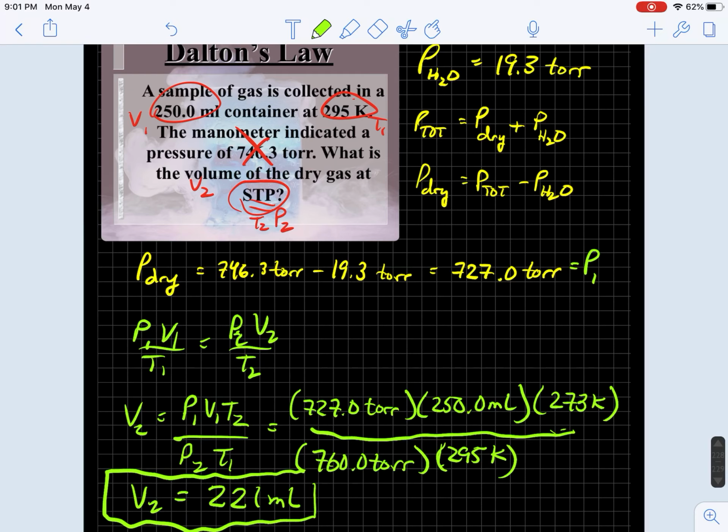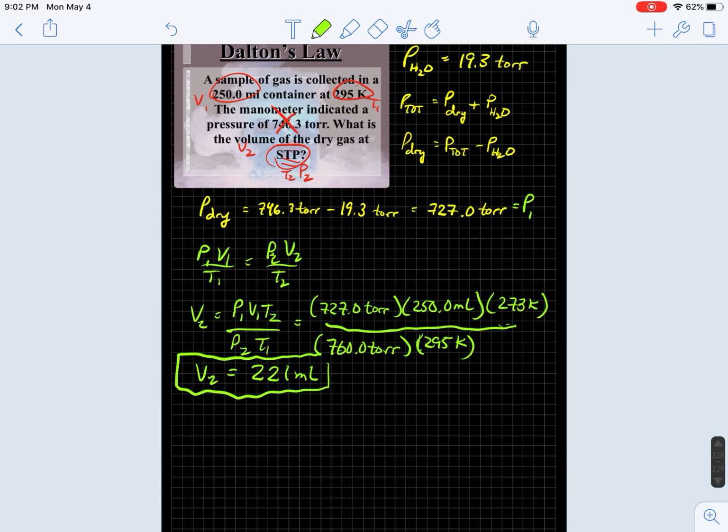In order to get the same standard pressure, we'd have to have a container of 221 milliliters. 250 wouldn't do it. So again, slight changes in temperature and pressure make a big difference. So therefore, a lot of times they ask us to give our results in STP.